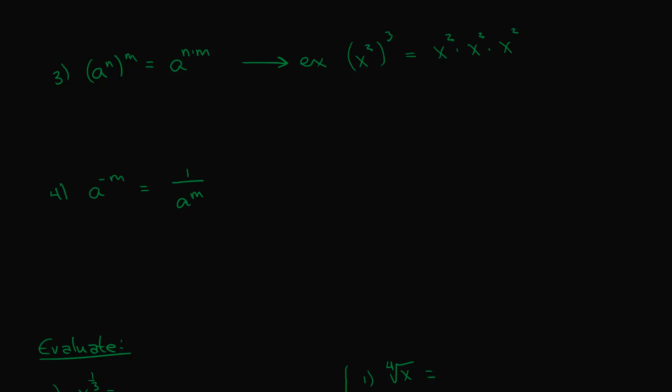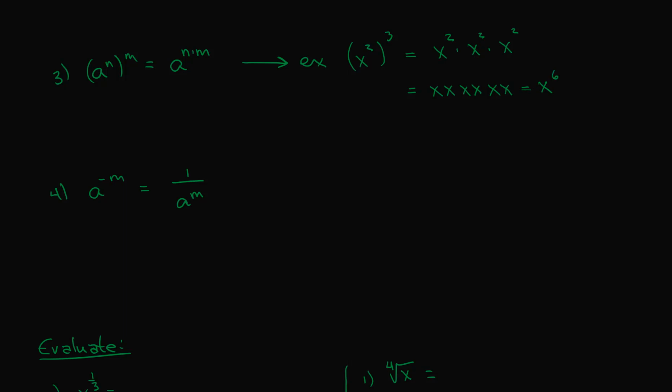Cubing means you multiply it together 3 times. Okay, well, we can write this out or expand this a bit. The first x squared is x times x. The second x squared is x times x. The third x squared is x times x, which is going to give us x to the sixth power.